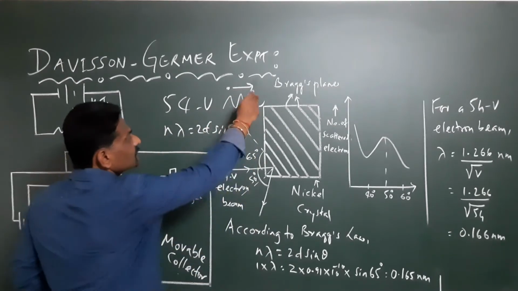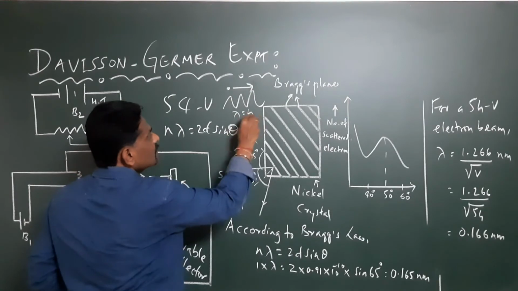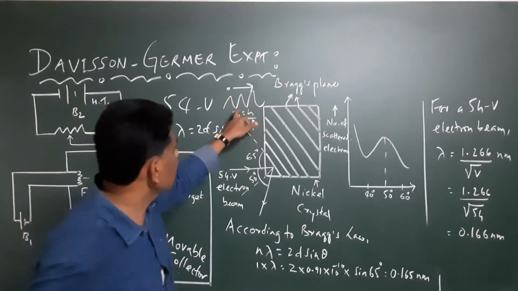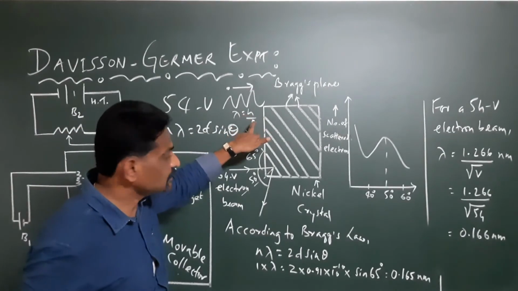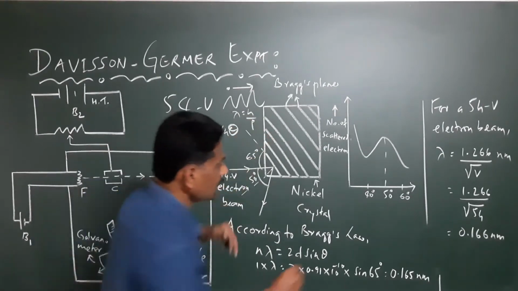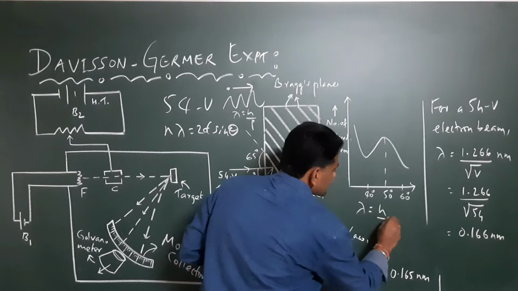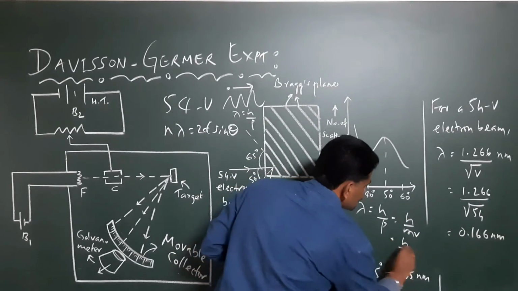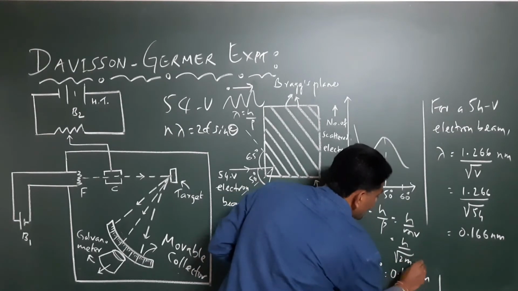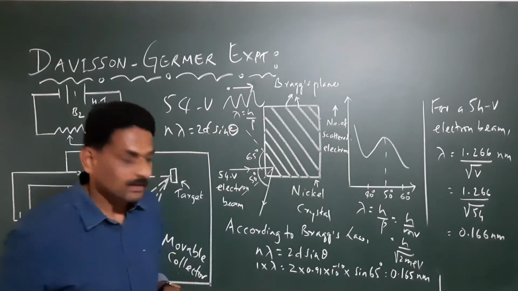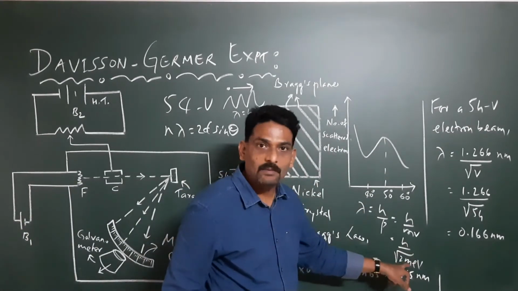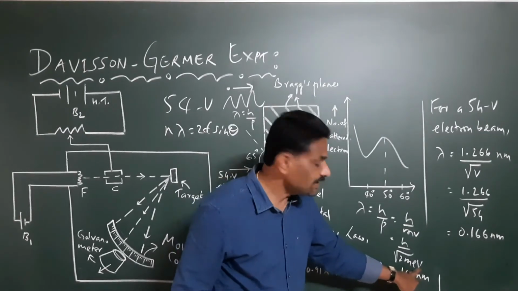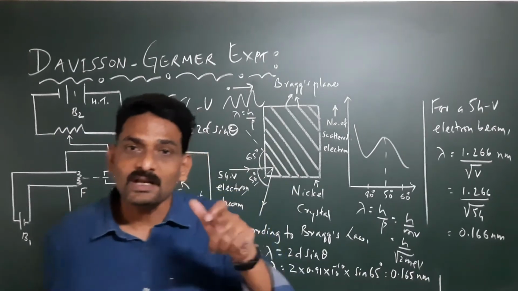The wavelength of this wave is given by lambda equals h by p, which can also be expressed as h divided by m v, or h divided by root of 2meV, where m is the mass of the electron, e is the charge of the electron, and V is the applied potential difference.